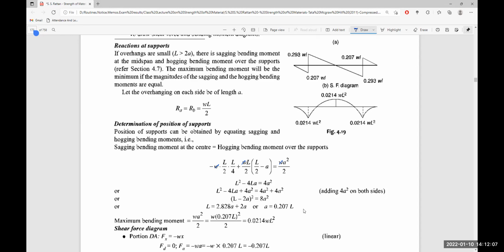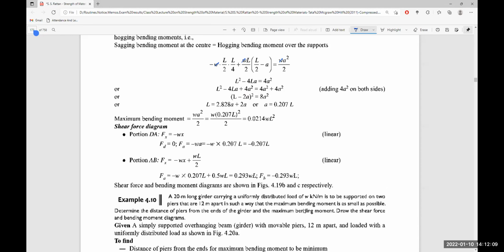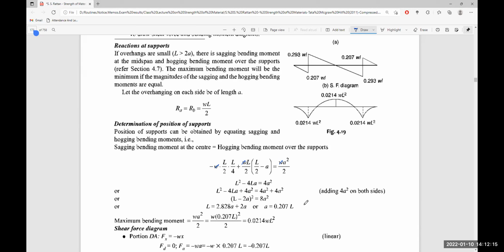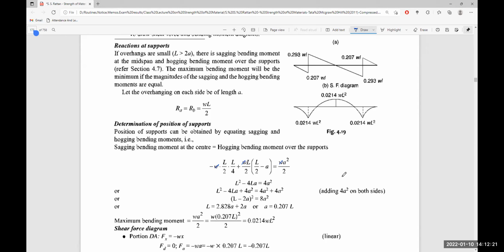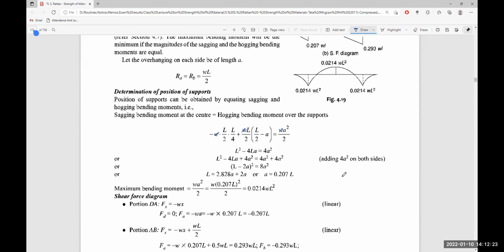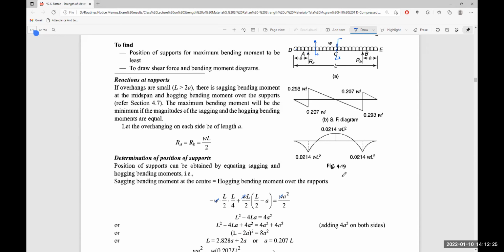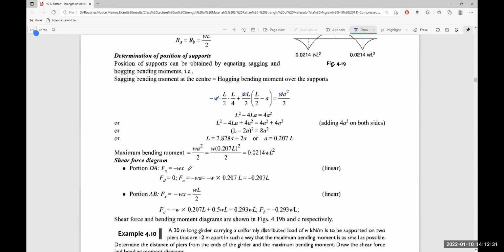Now, the shear force diagram will be like this. For the portion from D to A, if we take a section, we have w into x as the vertical force acting over it, but it is acting downward, so it is negative and becomes minus wx.